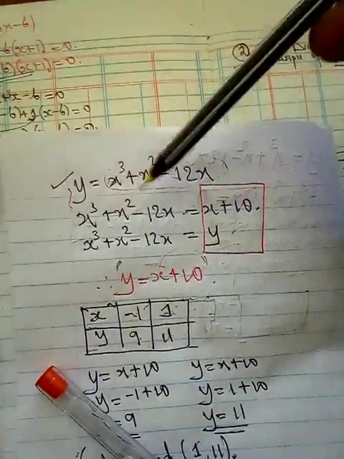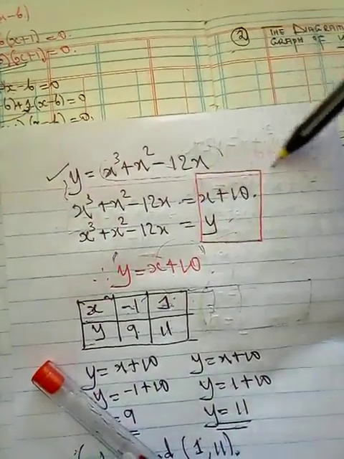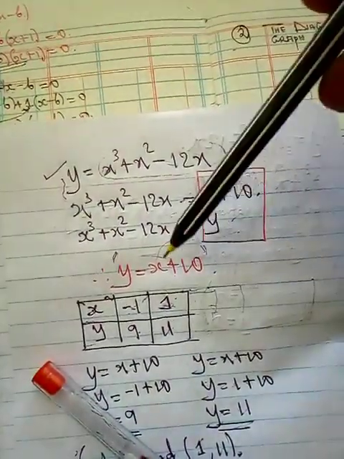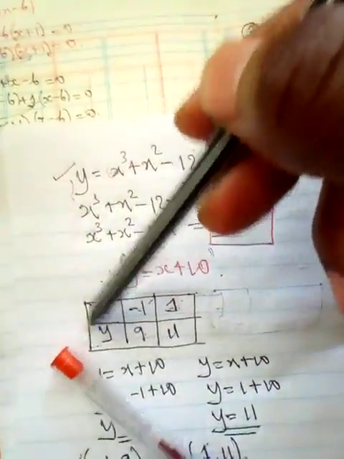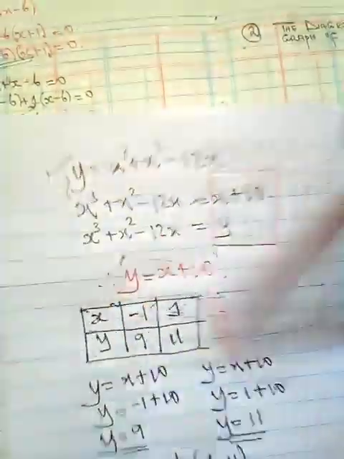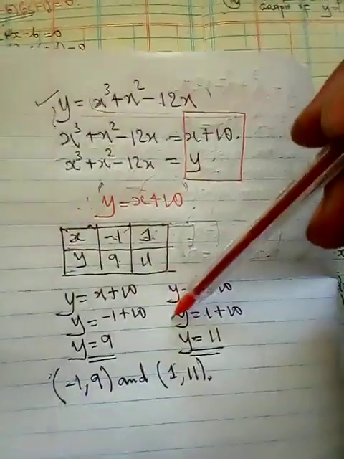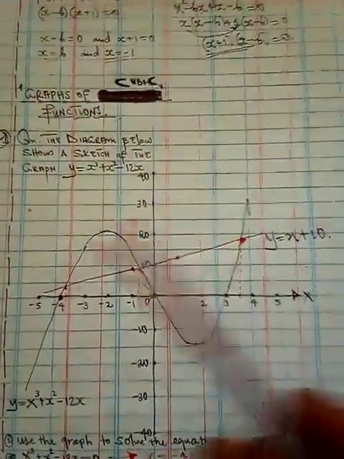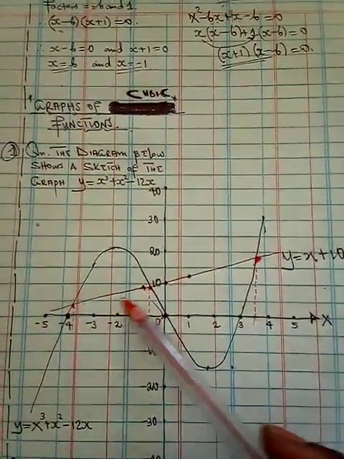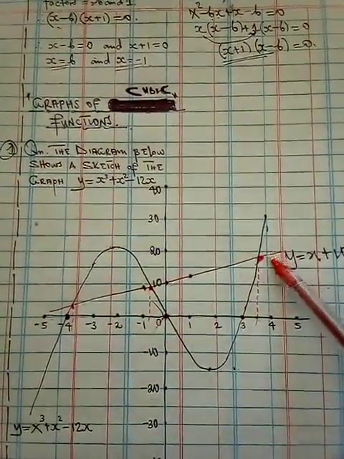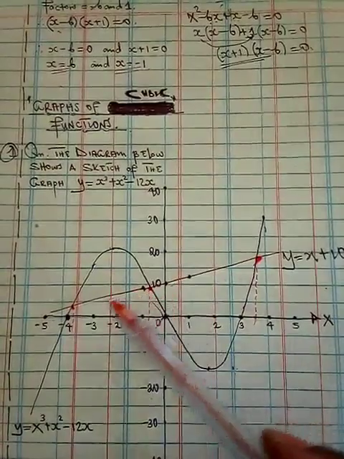After comparing here, we noticed that our y was just equal to x plus 10. We didn't just end here, we had to plot this. After plotting this, we drew this line, we plotted it, and then we saw where the line was meeting with the graph.